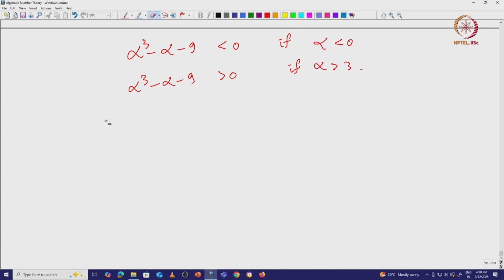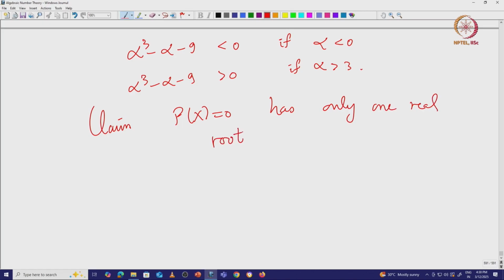So, my claim is that P(x) equal to 0 has only one real root. Okay, maybe I'll prove this claim a little bit later. So, let me assume the claim and then say R1 is 1 and R2 is 1.